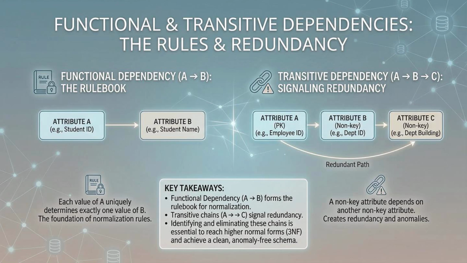Now, let's move to transitive dependency, shown as A determines B and B determines C. This is where we often encounter redundancy. Here, a non-key attribute, like department ID, determines another non-key attribute, such as department building, and department ID in turn depends on our primary key, employee ID.